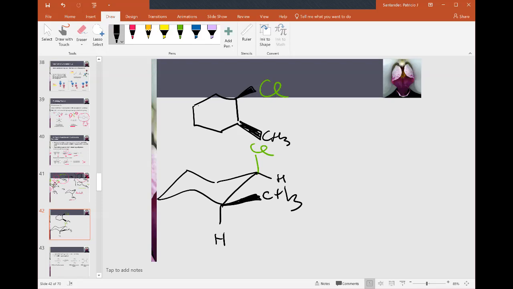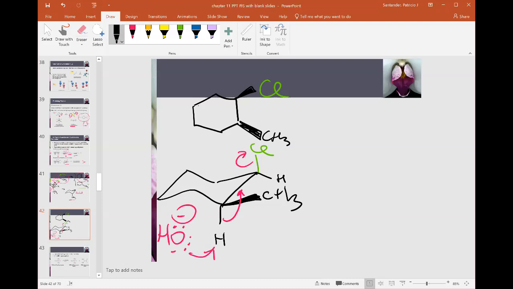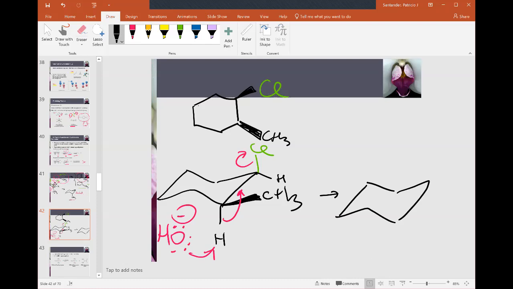So if I have a hydrogen there, that means that I will have the possibility of having the base abstracting that proton. I will form the double bond there, and the chlorine leaves, and I will have formation of the double bond here, and the methyl group will be there, right? The chlorine is totally gone.